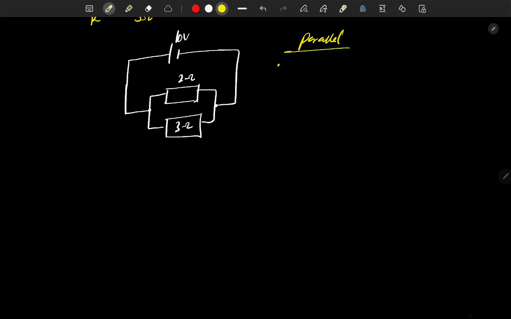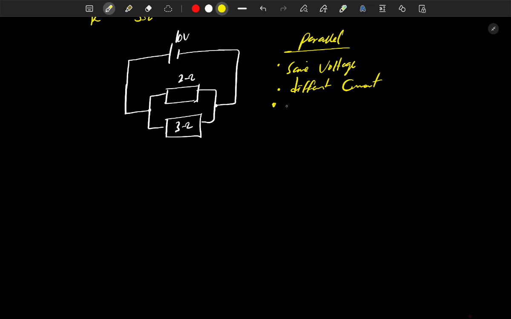What do we need to know about parallel? Well, same voltage for each resistor. Each resistor has got the same voltage. Now here we are dealing with different current for each resistor. And how do we find the total resistance? You don't just sum them up, but you sum them as the reciprocal of each other.